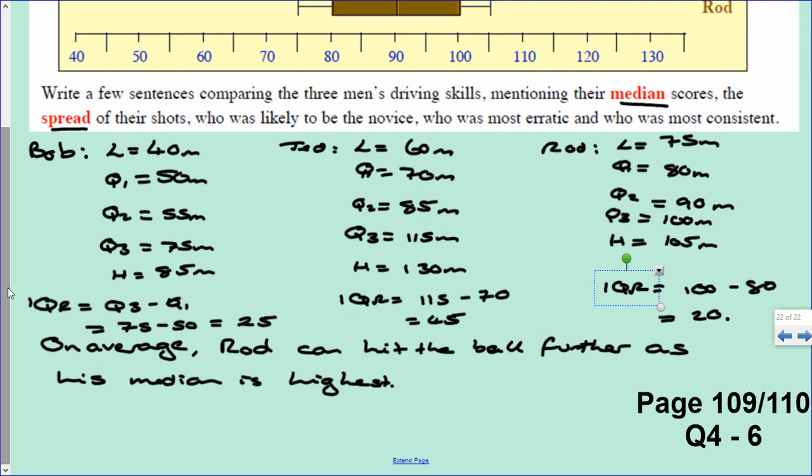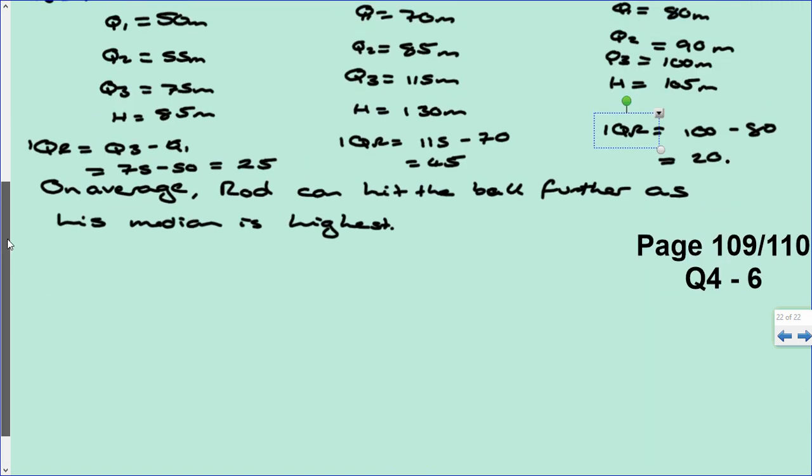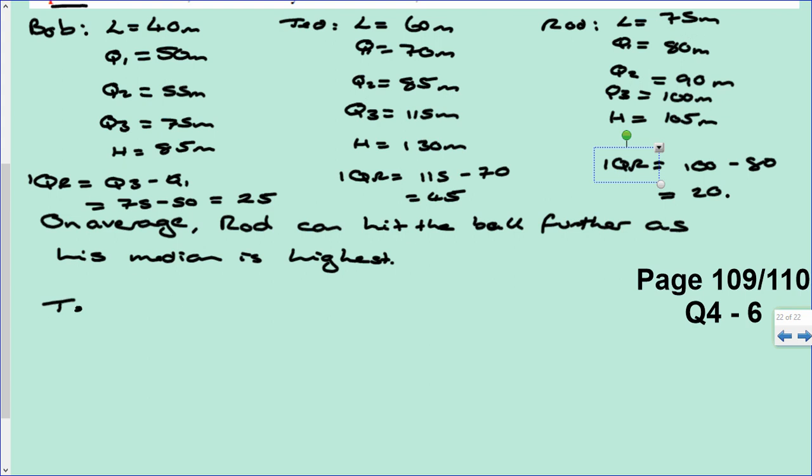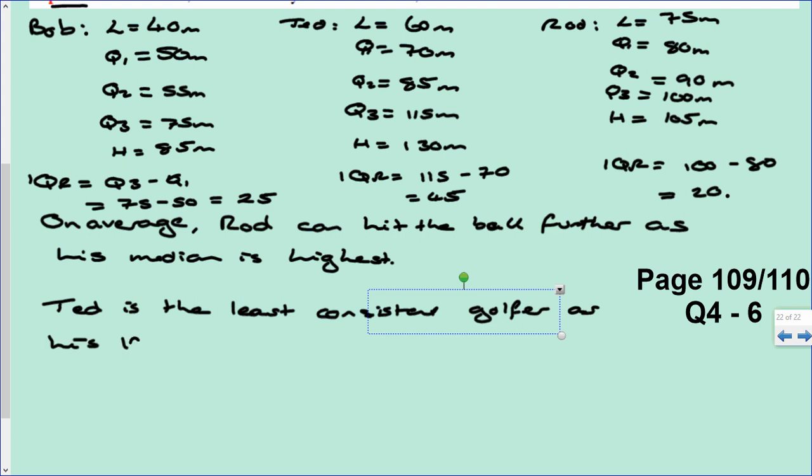Now, remember when it comes to spread, the higher the number, the less consistent you are. So then we can say Ted is the least consistent golfer as his interquartile range is highest.